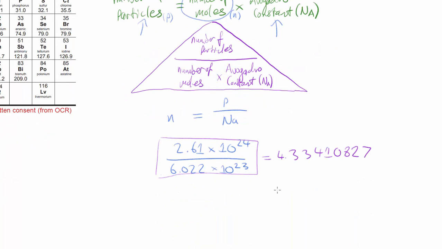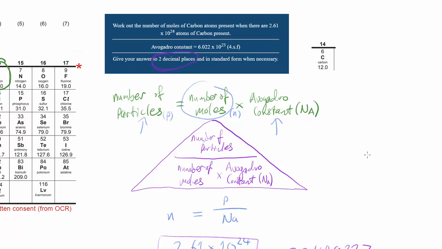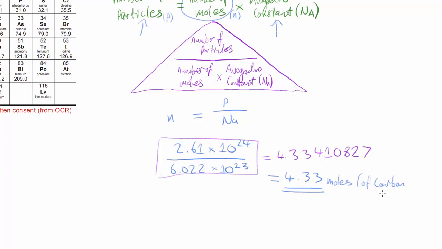In this case, that would be simply 4.33. So that would be our answer: 4.33 moles of carbon atoms.